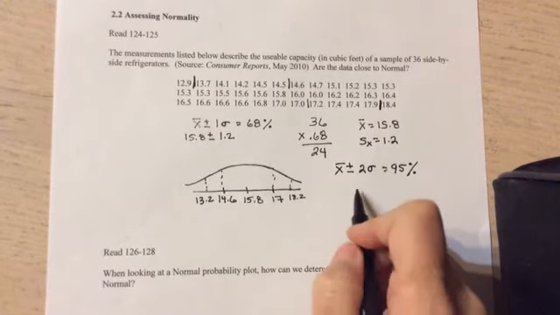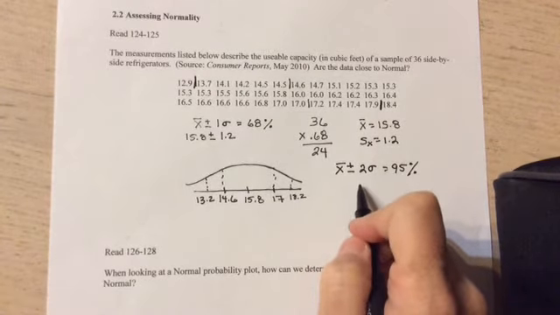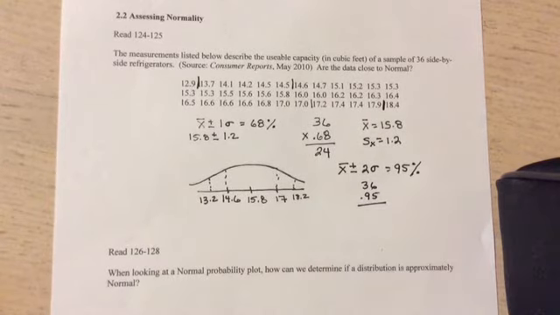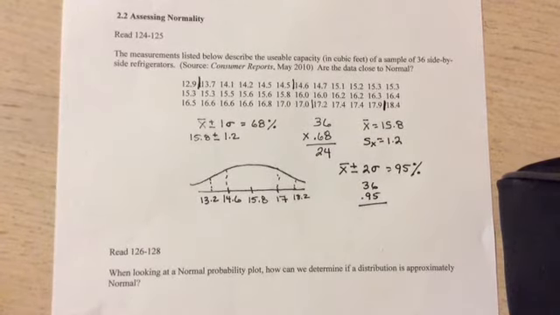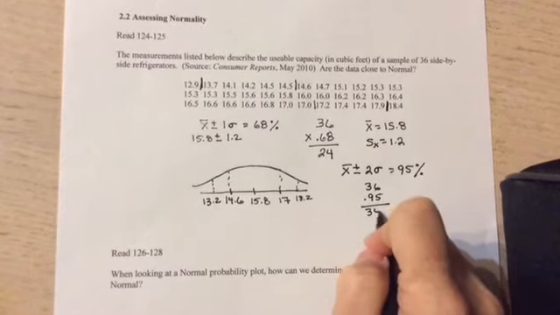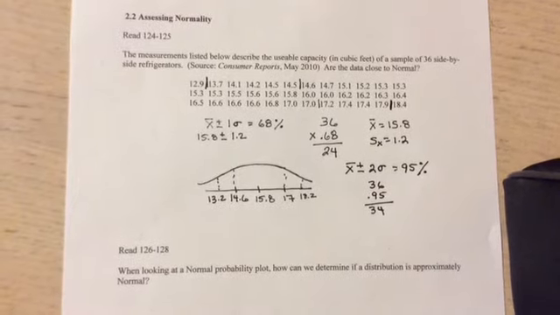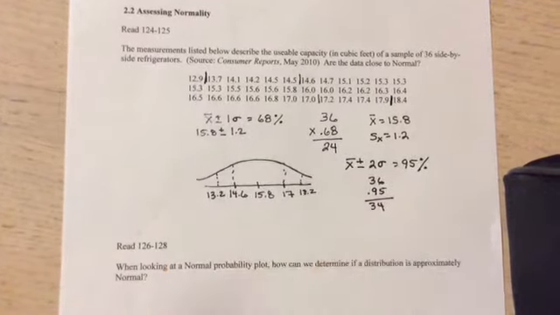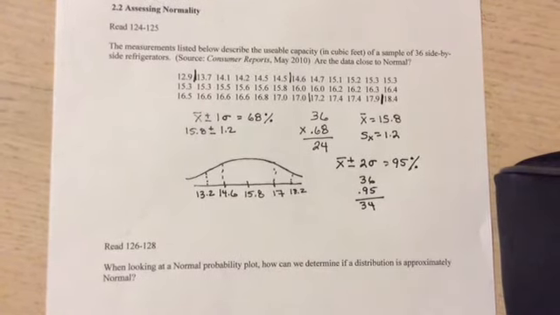So how much is 95% of 36? You take 0.95, multiply it by 36, you get 34.2 pieces of data. Well, we have 34 pieces of data, so close enough.